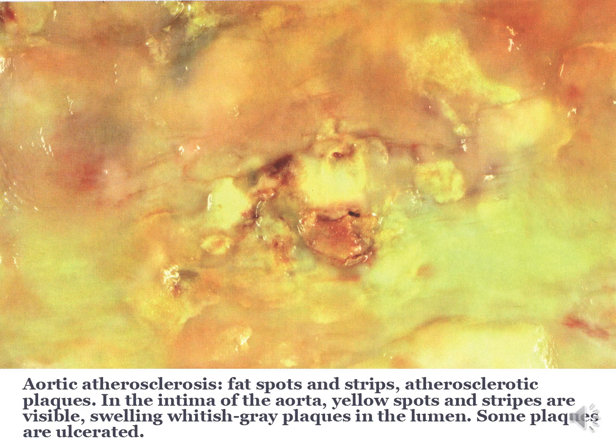Here we see aortic atherosclerosis, fat spots and streaks, atherosclerotic plaques. In the intima of the aorta, we see yellow spots and stripes which are visible, and swelling whitish-gray plaques in the lumen. Some plaques are ulcerated. So everything is accompanied by cholesterol metabolism disturbance.